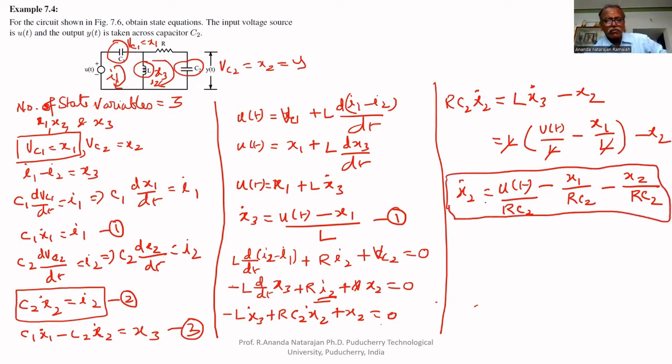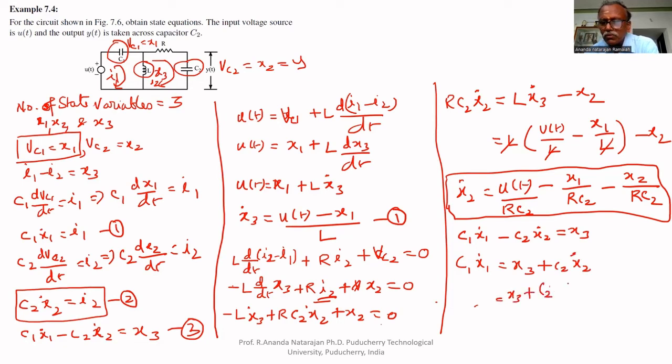Similarly, we have to find the expression for x1 dot. For that, let us consider equation 3, that is C1 x1 dot minus C2 x2 dot equal to x3, or C1 x1 dot equal to x3 plus C2 x2 dot. Already we know x2 dot, so we have to substitute here: u(t) divided by RC2 minus x1 divided by RC2 minus x2 divided by RC2.